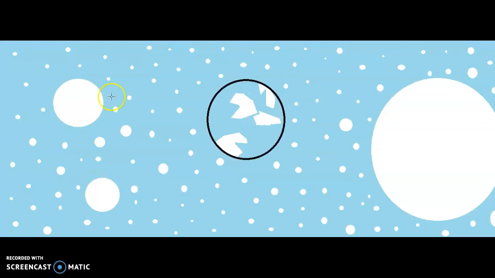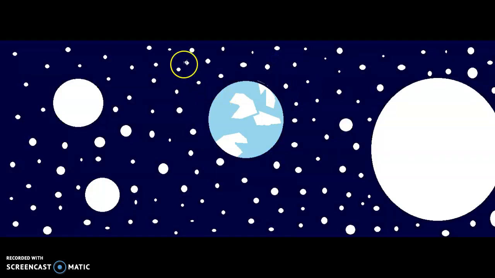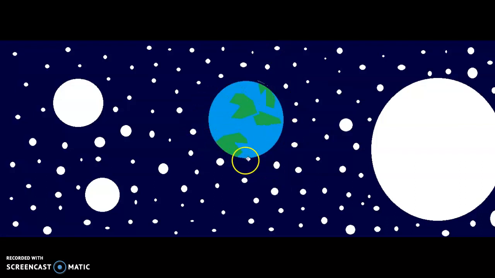So I solved the problem. I had just made an extra circle, so I put paint and filled in the background blue. Yeah, that's a good one. Now the land can be pieces of green. See, our land is ready.